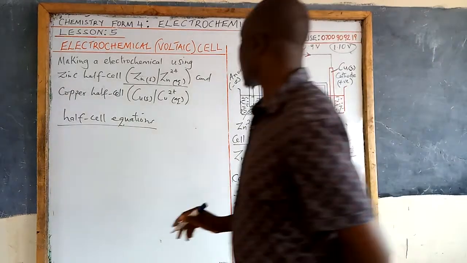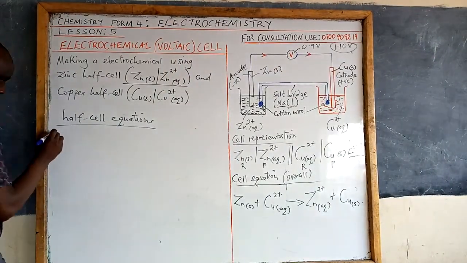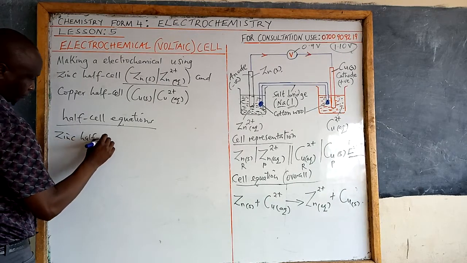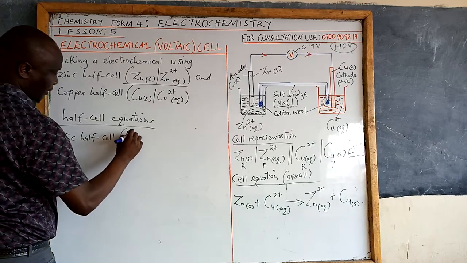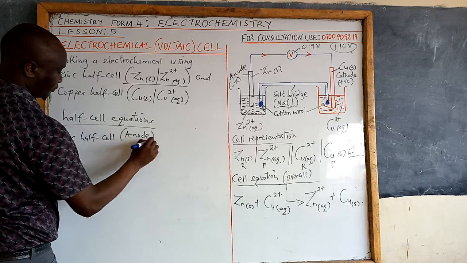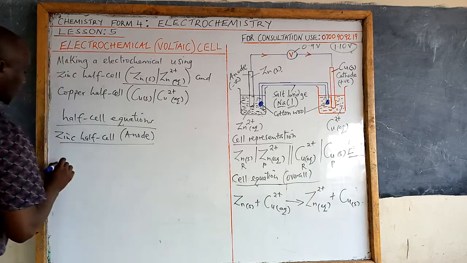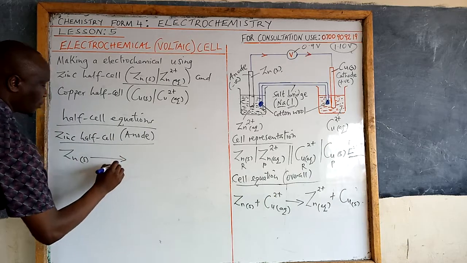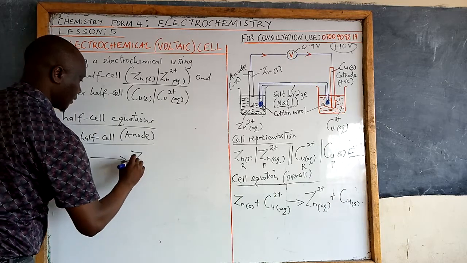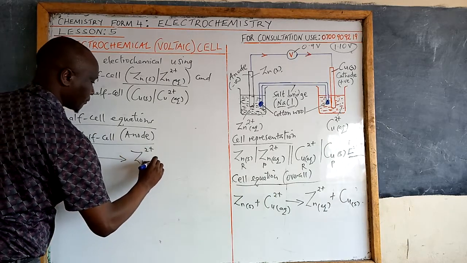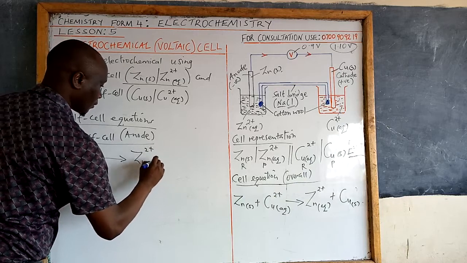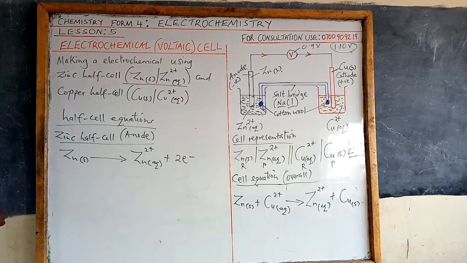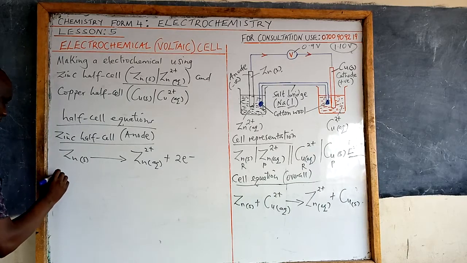So the half cell equation for the zinc half cell, that is the anode: zinc atoms go into solution forming zinc ions, losing 2 electrons.